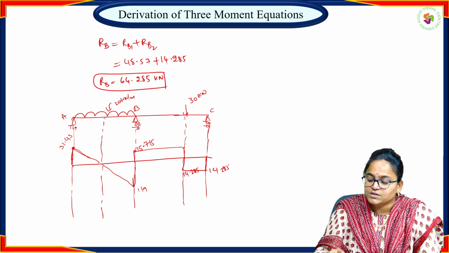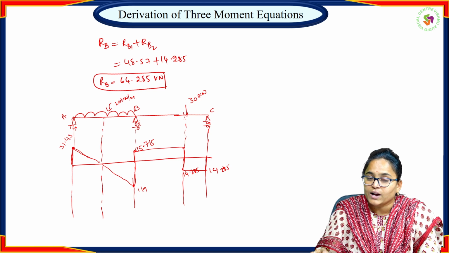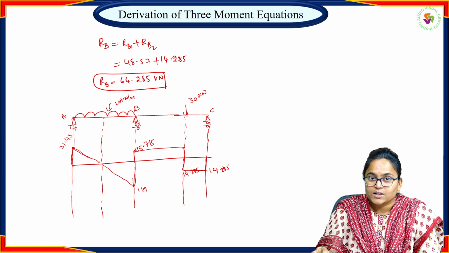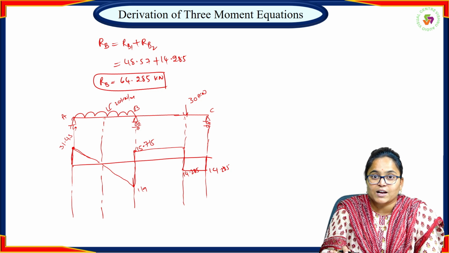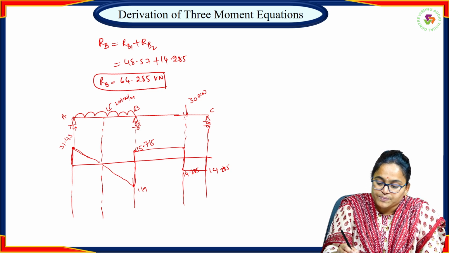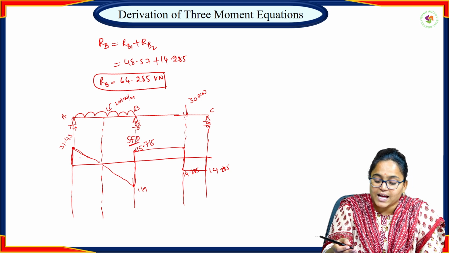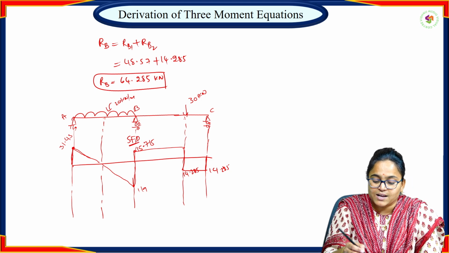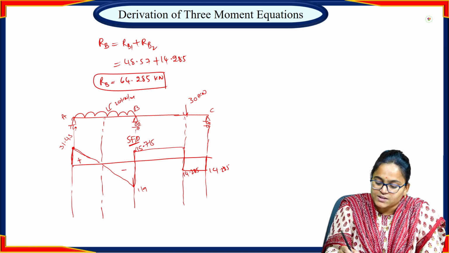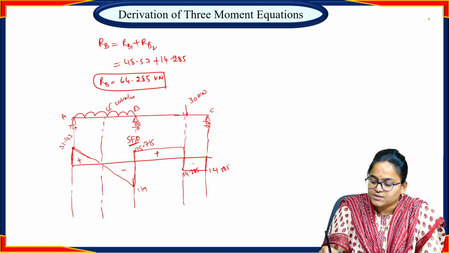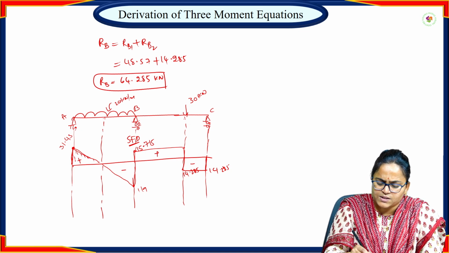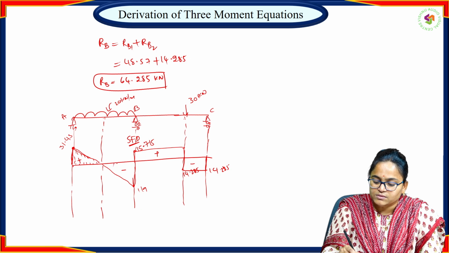Finally, the shear force value at C will be the same, so only then are the SFD values correct. Above the reference line is positive, below the reference line is negative. So this is the SFD.